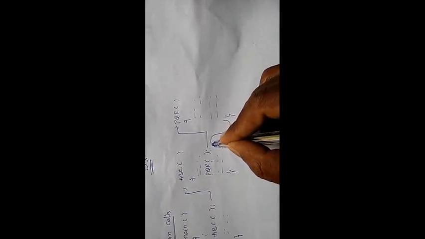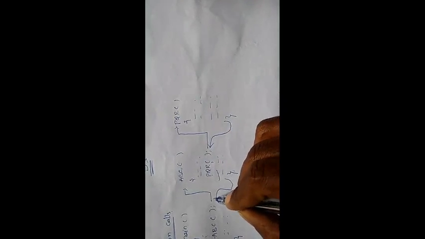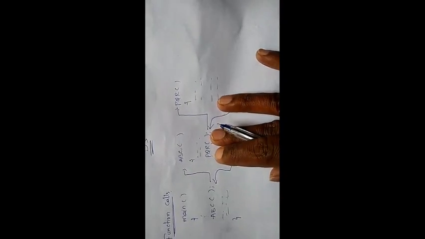It returns some value to the calling function, and the next step is executed. Then when ABC completes, it returns something to the main function, and the main function executes the remaining part.